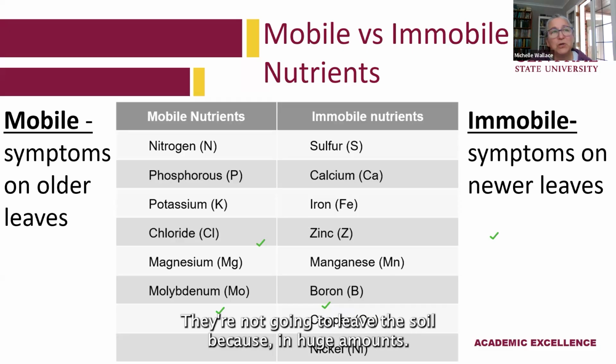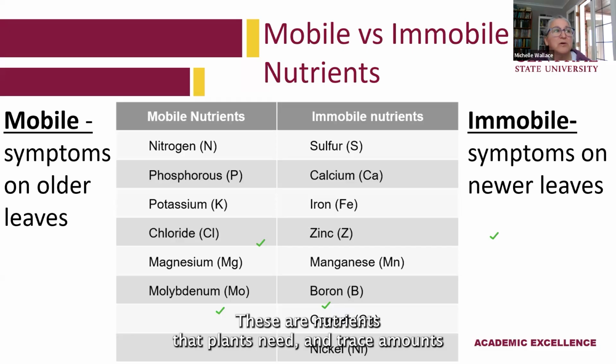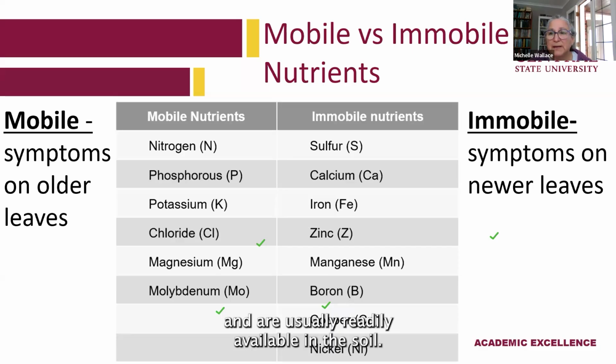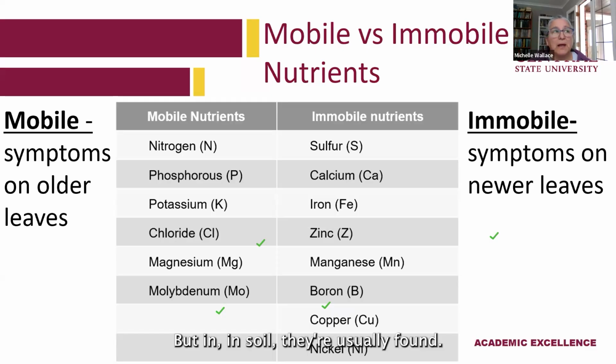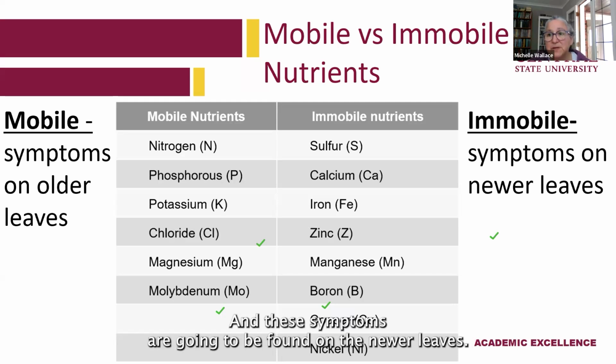These are nutrients that plants need in trace amounts and are usually readily available in the soil. Not always, but in soil they're usually found. So we've got sulfur, calcium, iron, zinc, manganese, boron, copper, and nickel. And these symptoms are going to be found on the newer leaves.